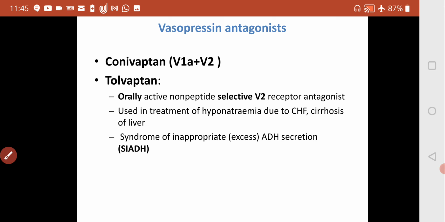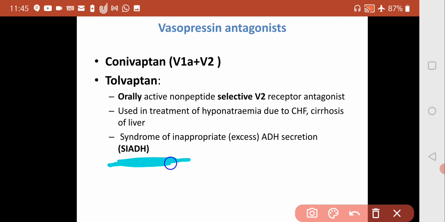Tolvaptan is orally active, a non-peptide selective V2 receptor antagonist, and it is useful in SIADH, the syndrome of inappropriate ADH secretion. This means there is an excess secretion of the antidiuretic hormone, so there will be less urine and more antidiuretic hormone.